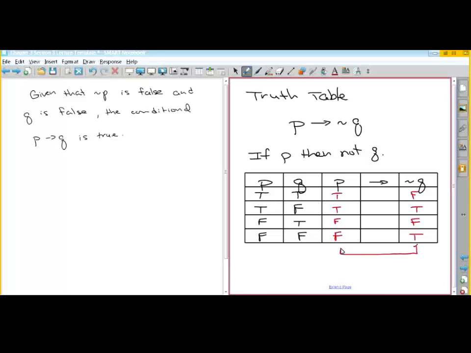And then finally, we have to use the truth tables to compare these 2 columns. The rule is the only time an if-then statement is false is if the first statement is true and the second statement is false. So we look for that first. We compare these 2 columns and look for where we have true here and false there.